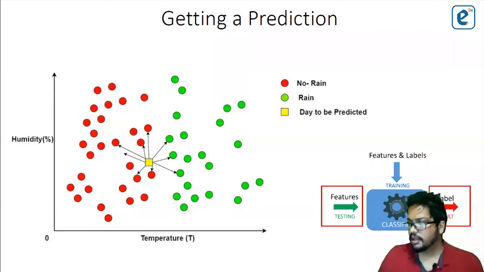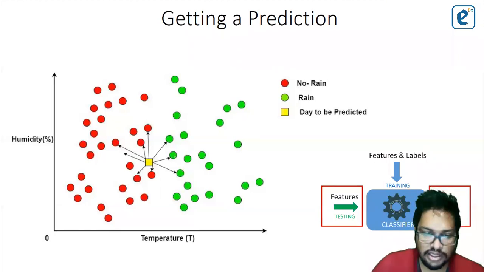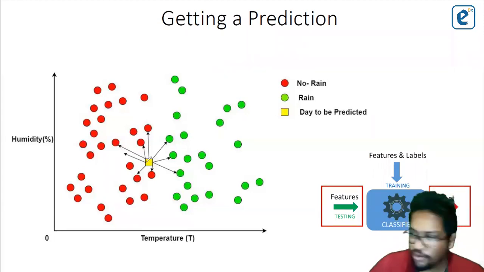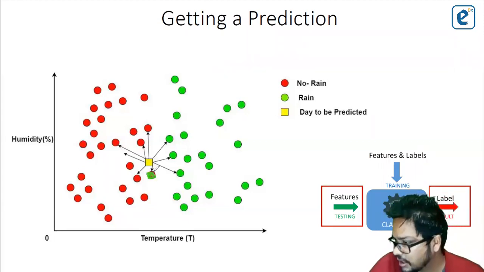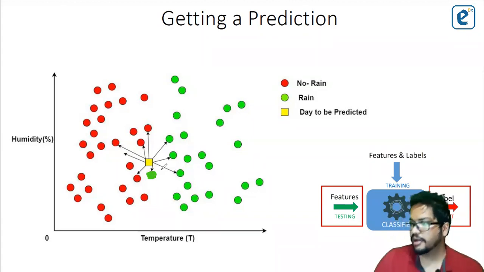Okay, there's another issue with this as well. Now, let's assume that I'm going to make this point a green color one. Assume that this is a green color one.